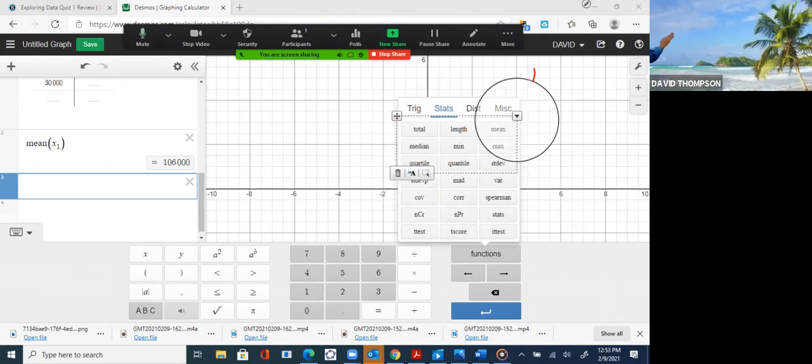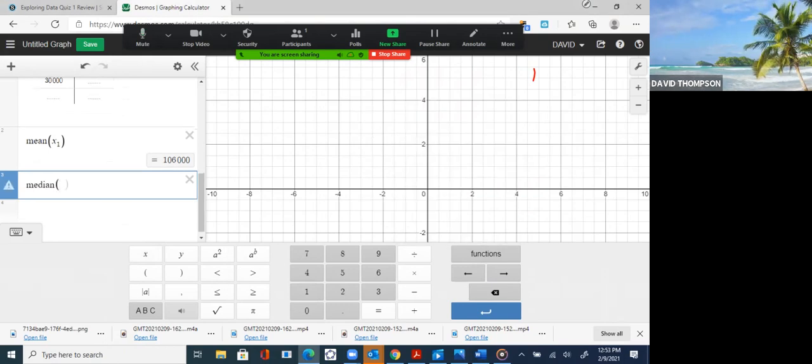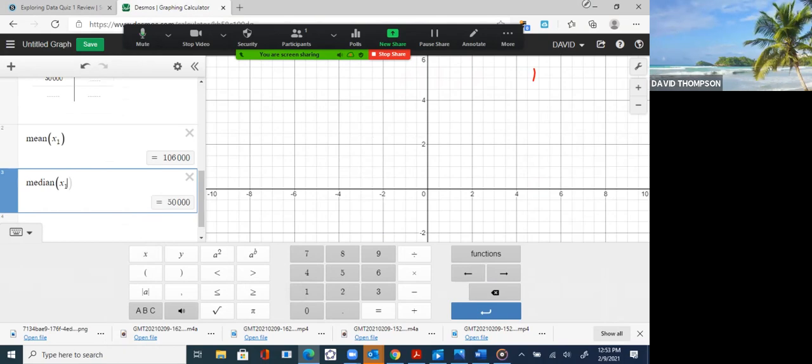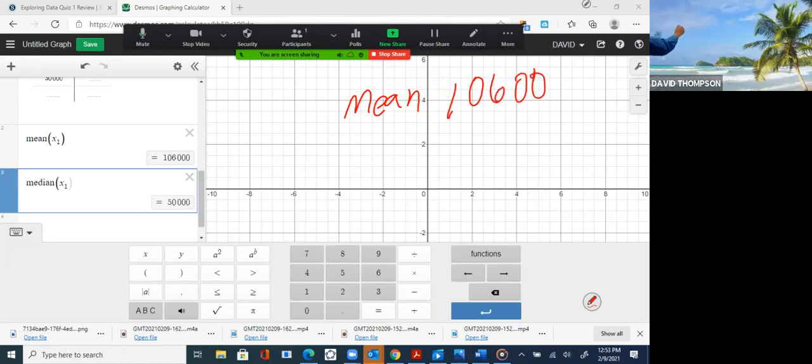Median of X1 is 50,000. So let's just write this down so we don't forget when we go back to our question. Mean was 106,000, and our median is going to be 50,000.